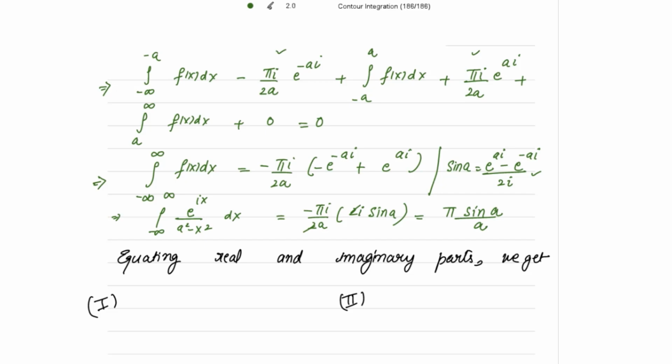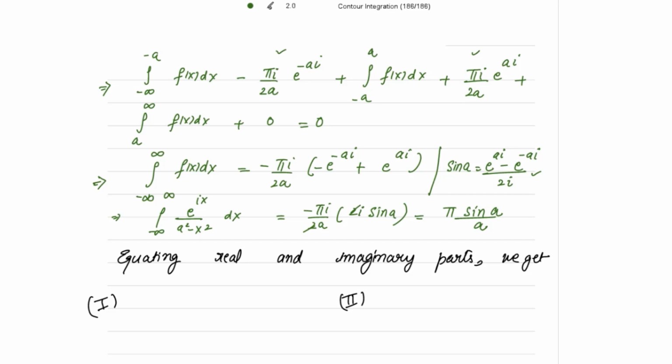Fine? Alright. Now to get the required results, the first one and the second one, please note here, if we equate the real parts, I get cos in the numerator. If we equate the imaginary part, I get sine in the numerator.